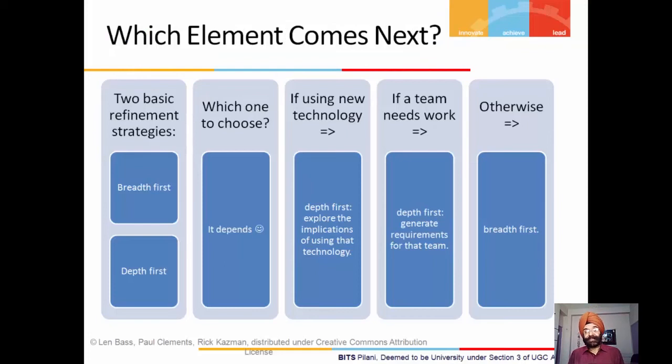You either go breadth first, you may have a number of sub-items, look up all the sub-items one by one, and then you go deep within each module. So we could go breadth first, look up each module which put together forms the entire system, and then go to the next level, the next level.